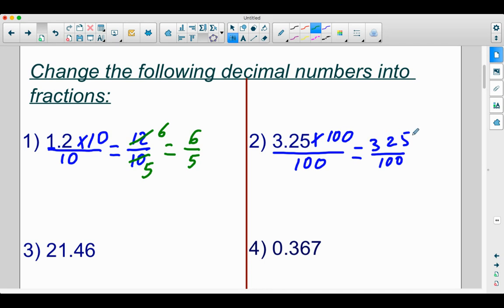So I did this already, so I know we can simplify it by 25. So 325 divided by 25 gives you 13. 100 divided by 25 gives you 4.